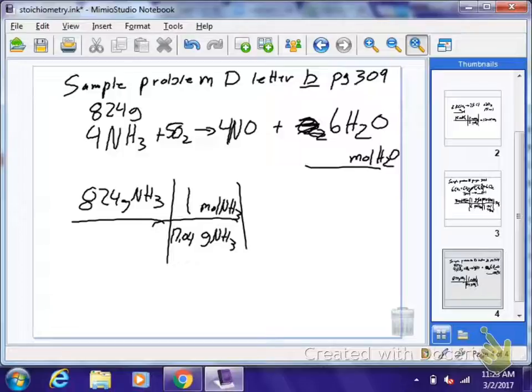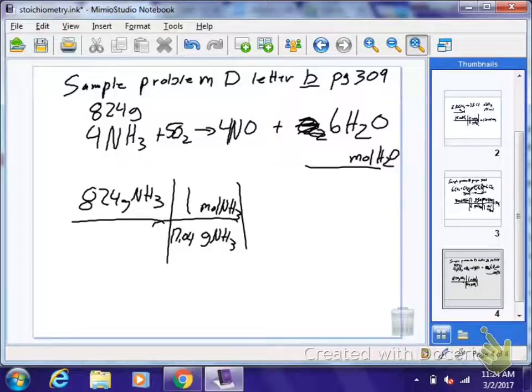So here's something to remember: every time you go grams to moles, it's always 1 mole. If it's mole to mole in a setup, then it's the numbers in your balanced equation.